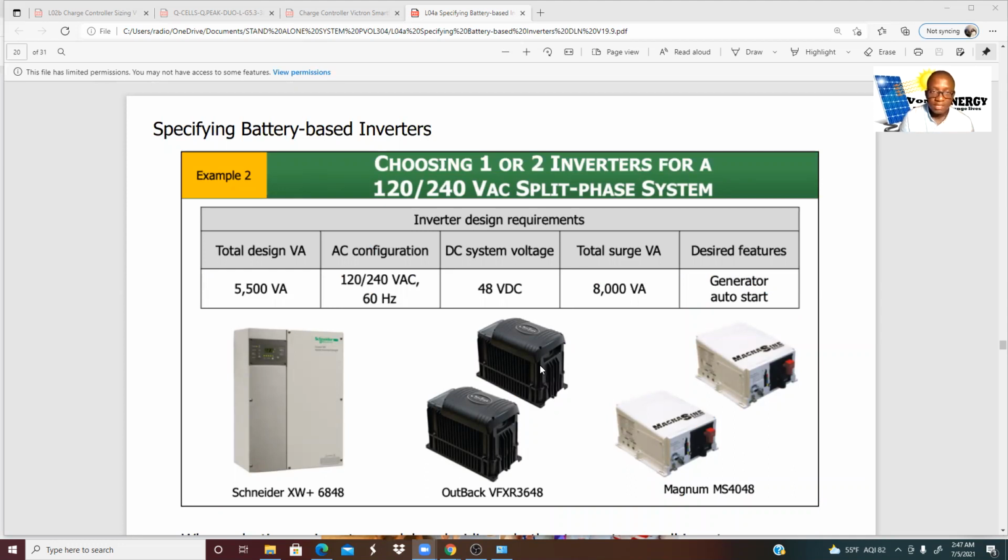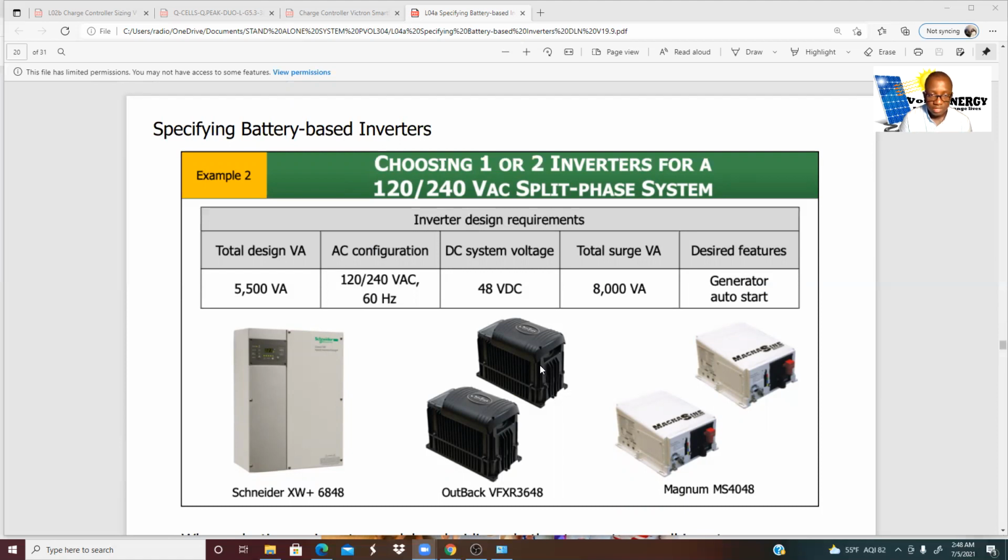All right. Now, choosing one or two inverters for a 120 to 240 volt split phase system. Now look, we have the total design VA. We should know what that is now: 5,500 VA. The AC configuration is 120 to 240 volt, 60 hertz.